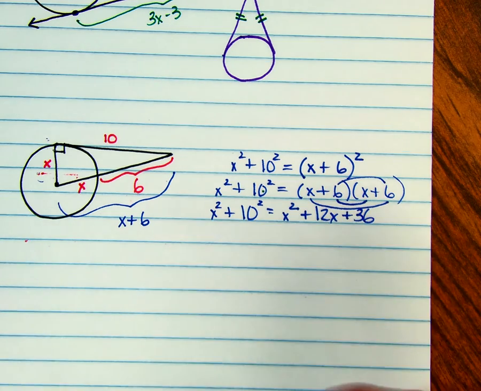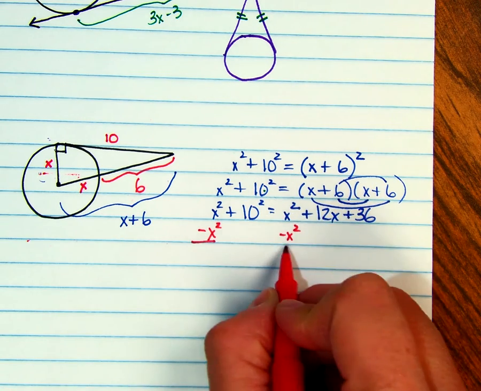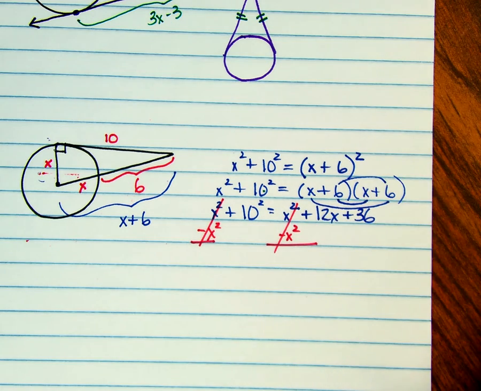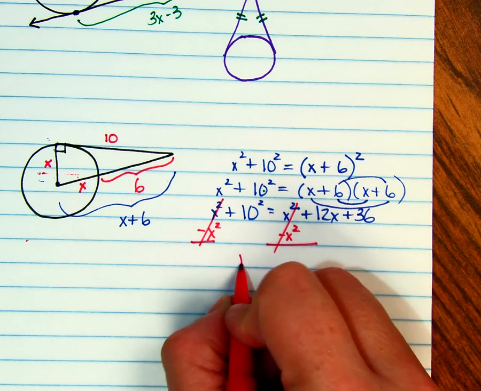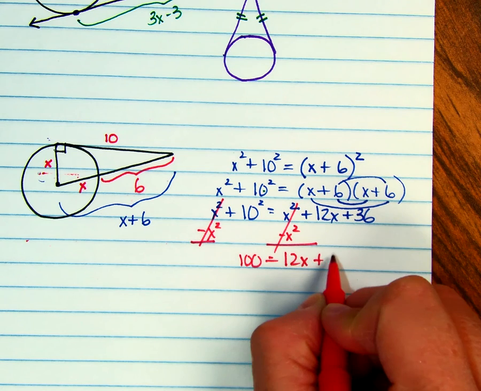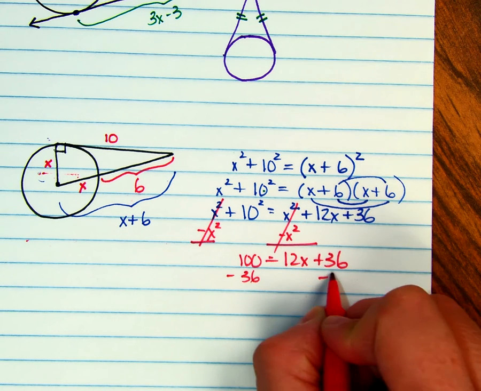Notice what happens with the x squared, so don't panic that you actually have a quadratic. Because as soon as I subtract them from each side, they are going to cancel out. So 10 squared is 100, 12x, plus 36, and you're right back to solving. Subtract 36 on both sides.